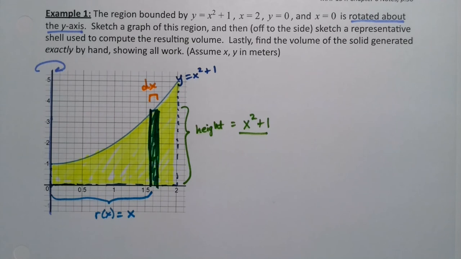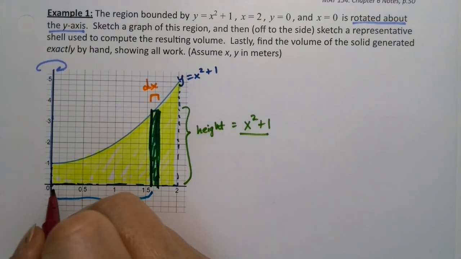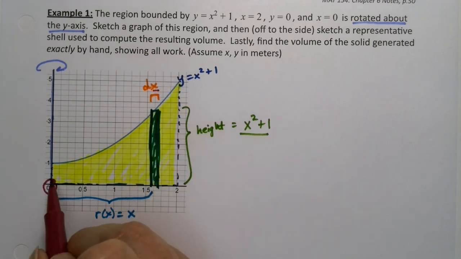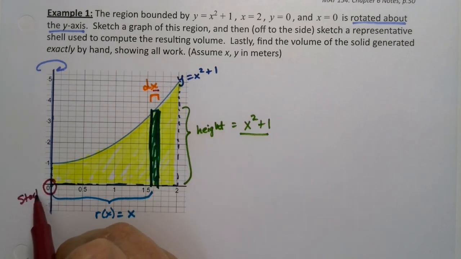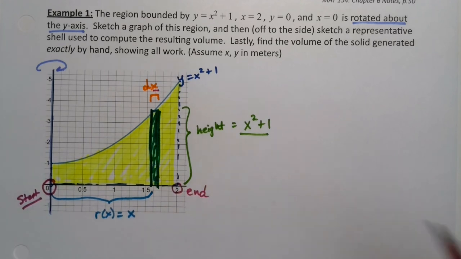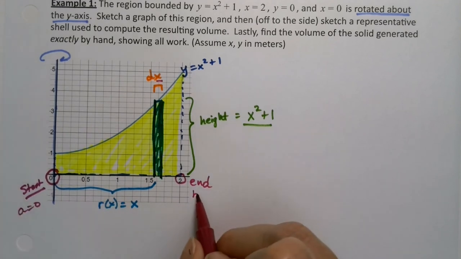Then all I need to know is where is my starting point and my ending point. Those are kind of easy, because if x is my variable, then I'm going to look over here at the start. It was x equals 0, and at the end, it's x equals 2. So this is a, and this is b.